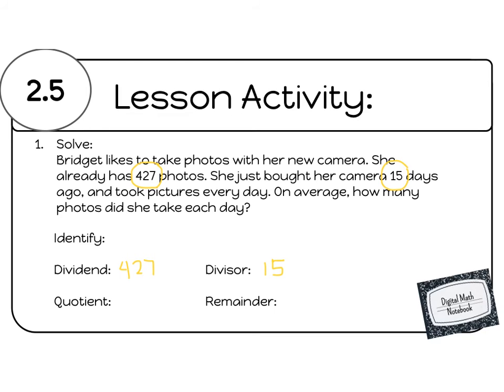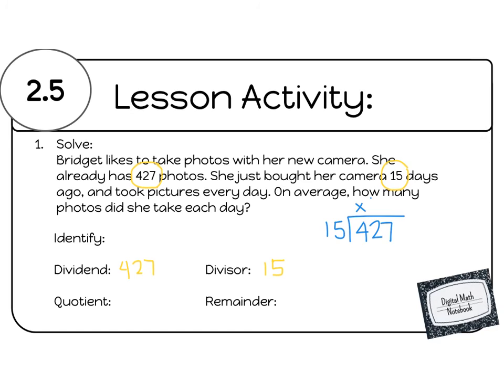I'll help set this problem up, and then you can finish finding the quotient and the remainder. If we have 427 divided by 15, 15 can't go into 4, so it's got to go into 42. 15 we can think of like a clock. 15 minutes, 30 minutes, 45 minutes. 45 is bigger than 42, so we can't go in 3 times.